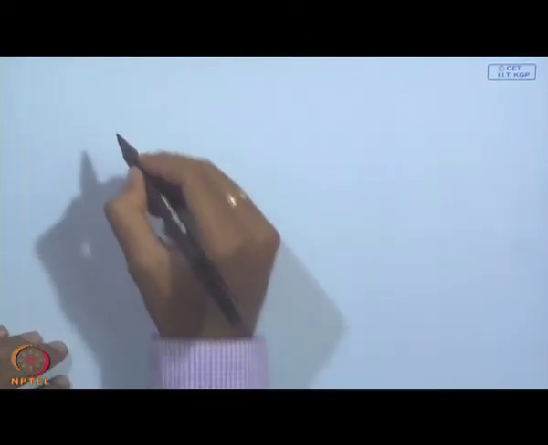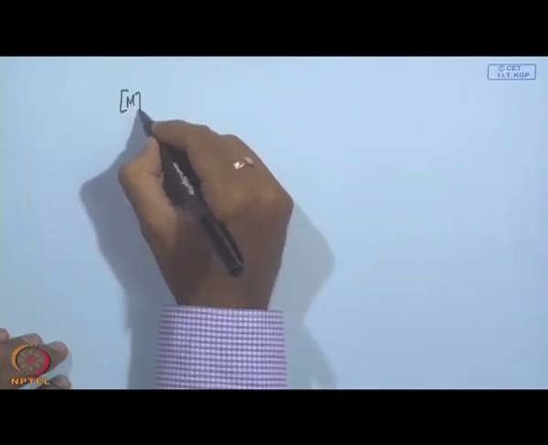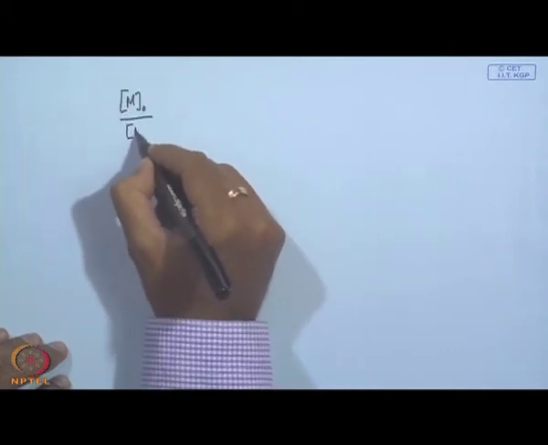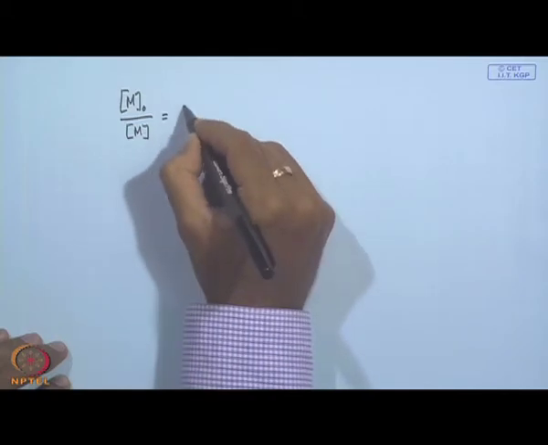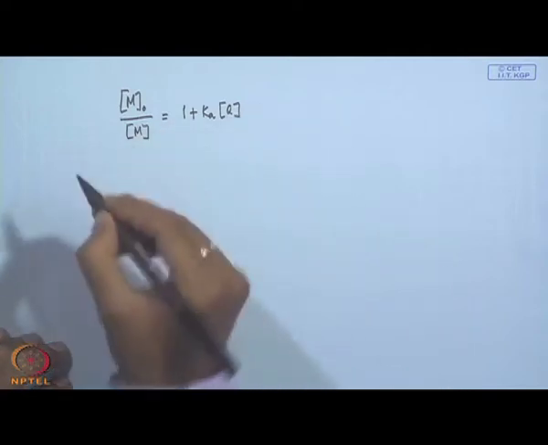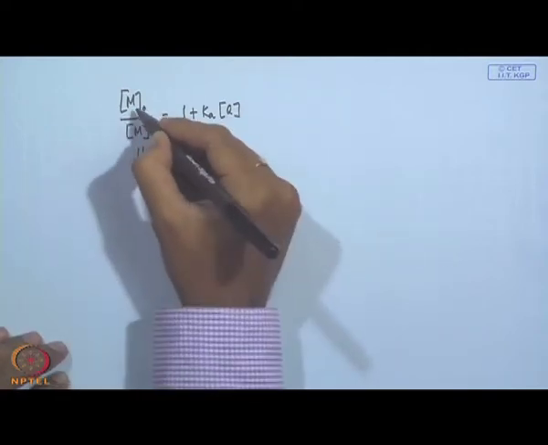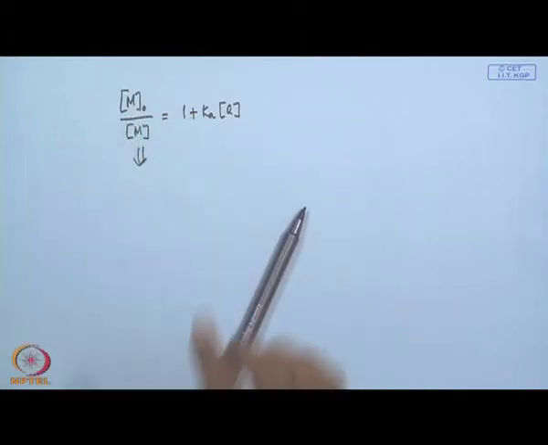So, let me write it again: m naught by m is equal to 1 plus K into q. Here m naught means when there is no quencher, and m means in the presence of quencher.